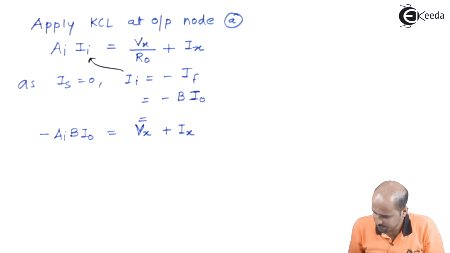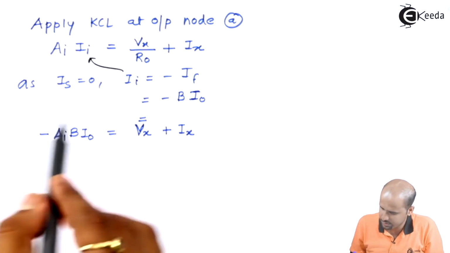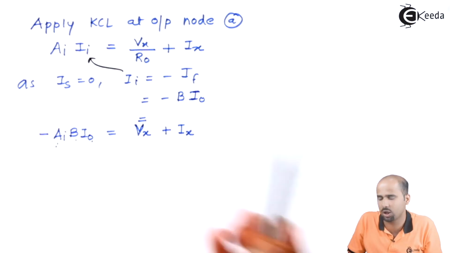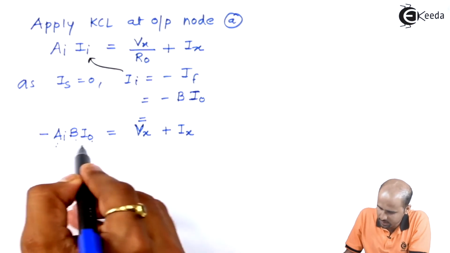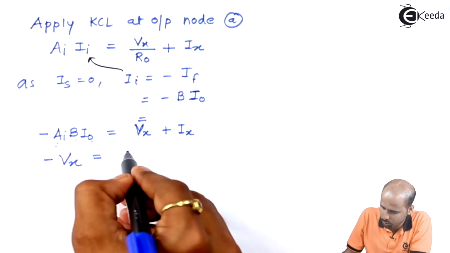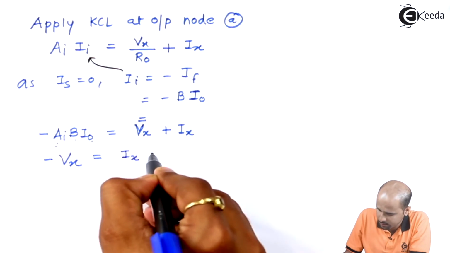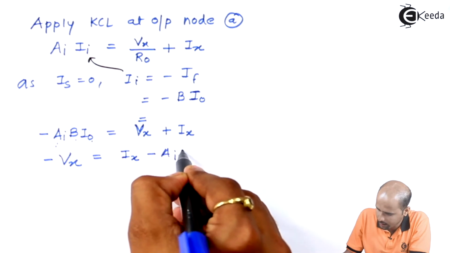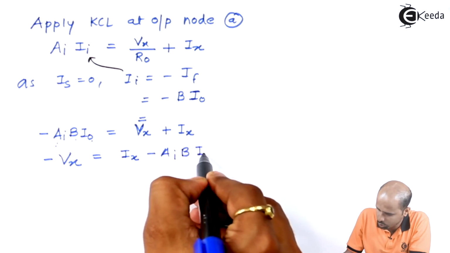As far as this Ix is considered, we will keep AI, B, IO on the right hand side and take this Vx on the left hand side. So minus of Vx is equal to Ix minus AI into B into IO.